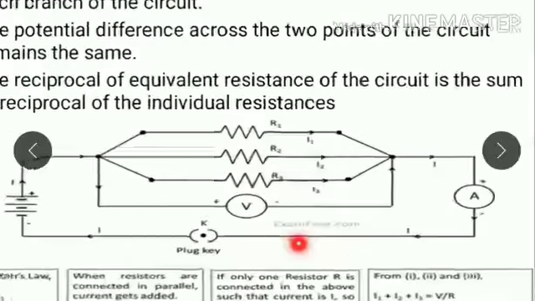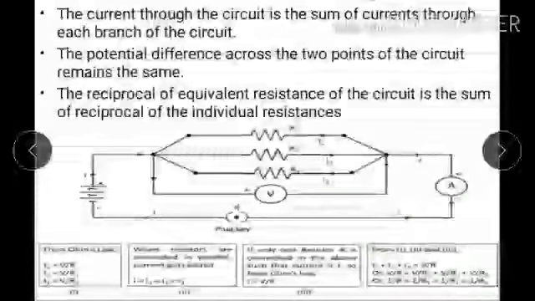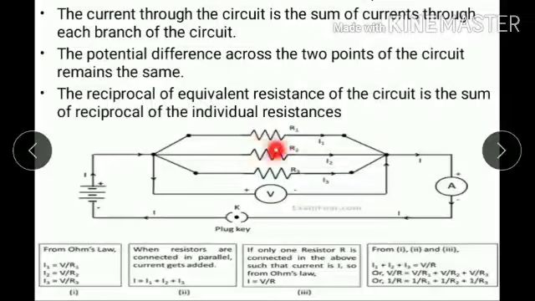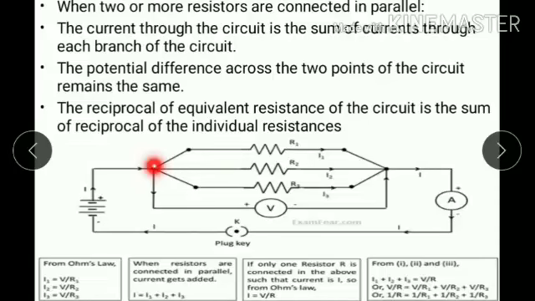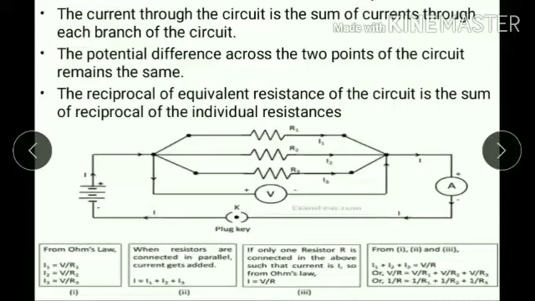Okay, look at this, this is the parallel combination of resistors. You can see this is resistance R1, R2, R3. When current flows from this point, at this point the current is divided into I1, I2 and I3. So you can say voltages are the same but currents are different.